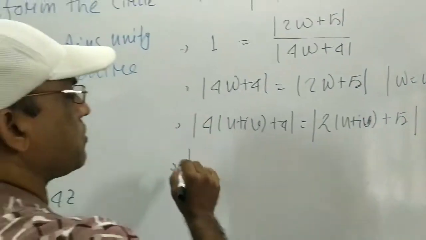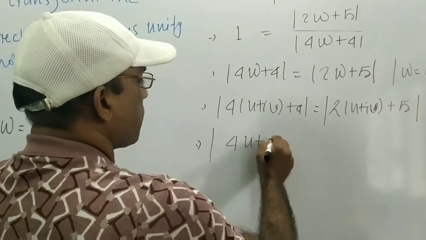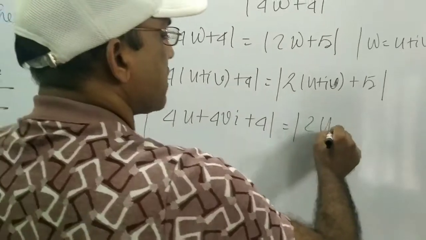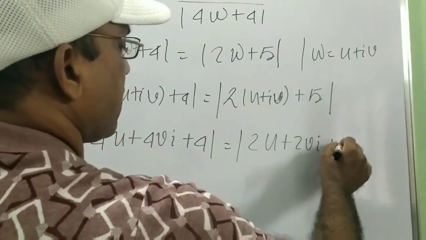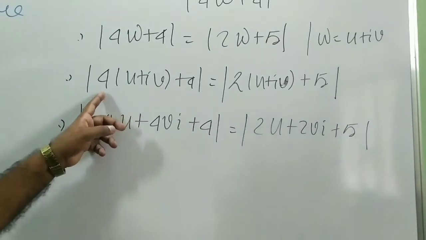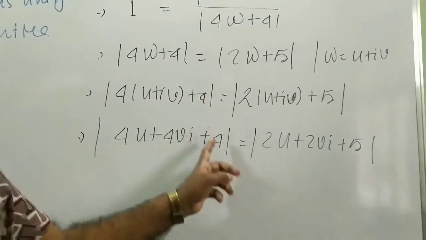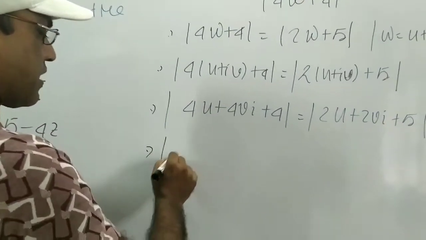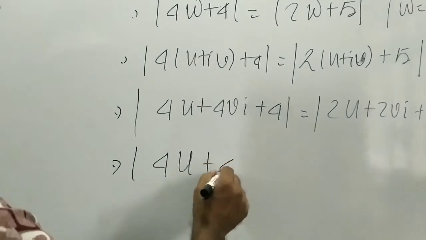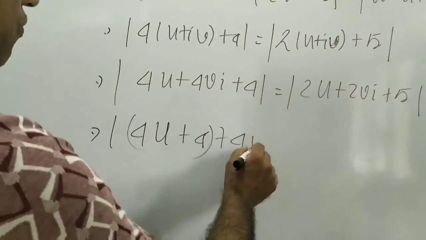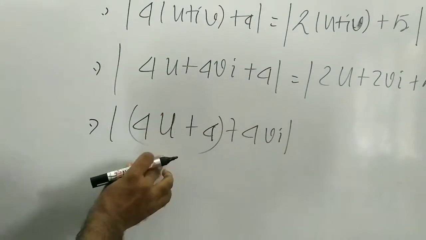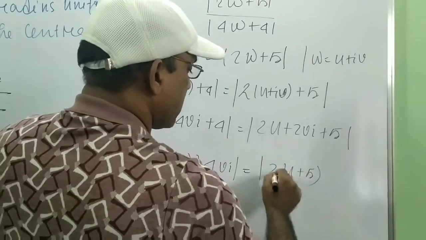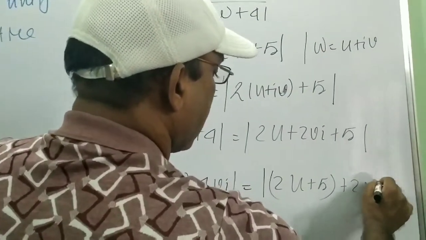This gives 4u plus 4vi plus 4 equal to 2u plus 2vi plus 5. Now we separate the real and imaginary parts: 4u plus 4 is real and 4v i is imaginary; 2u plus 5 is real and 2v i is imaginary.